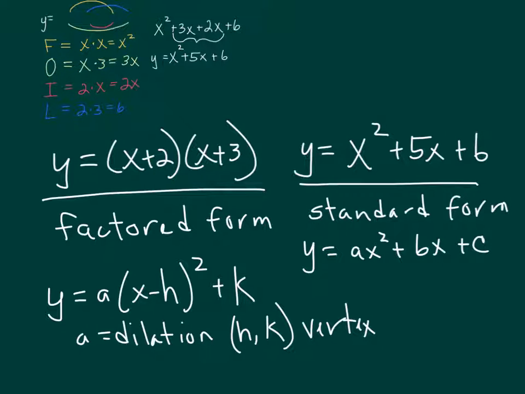Okay, so I just said a whole bunch of stuff that eventually we will see come together, but I want to stick predominantly on the factored form because there's very important pieces of information that come out of this particular format. And so we're going to take a look at that in a little closer detail.